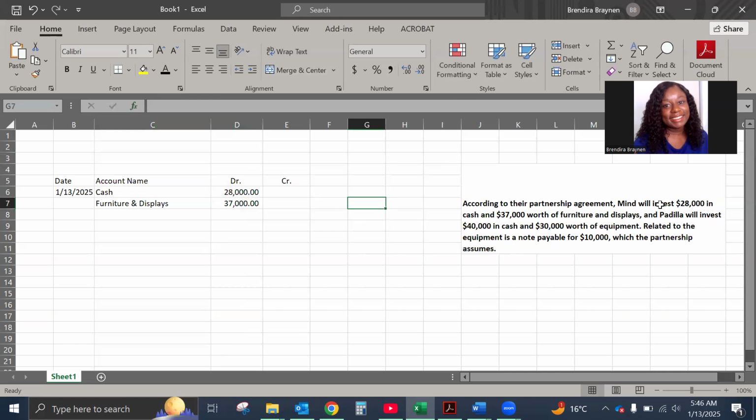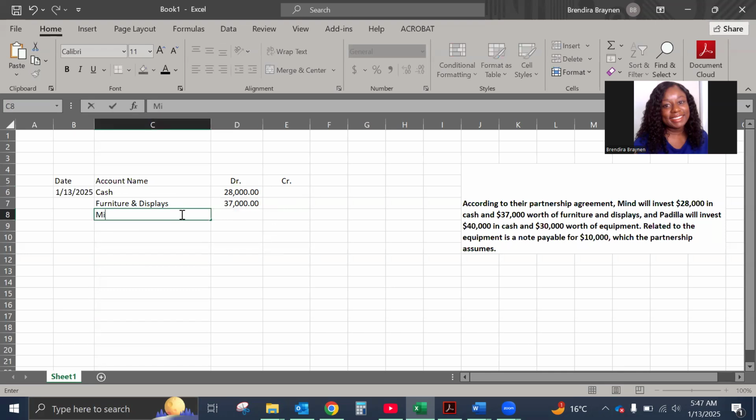That's everything that Mind brought in. So Mind brought in a total of $65,000 worth of assets into the partnership. Based on the agreement and our understanding of partnerships, these things are now no longer Mind's assets. They're now the partnership's assets. And that means this is the value of his investment in the company.